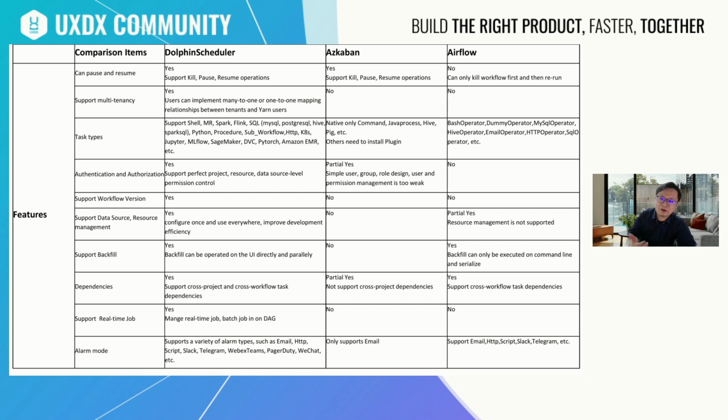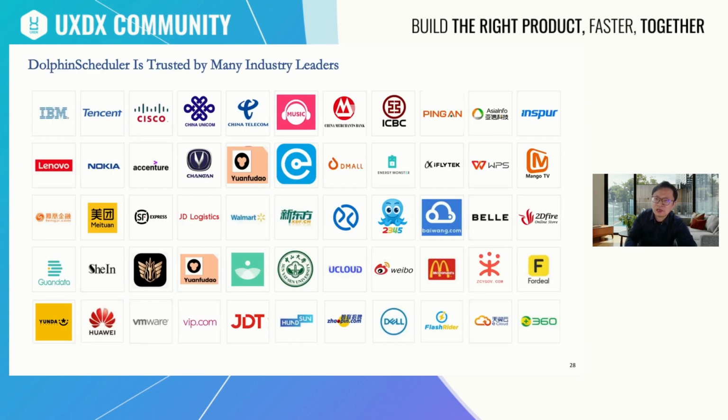But if you are a beginner big data user, or you are not an engineer background user, I think DolphinScheduler is very easy for you to use to orchestrate the whole thing. Now it has many users, for example, Cisco, IBM, and also many users in China or in India.